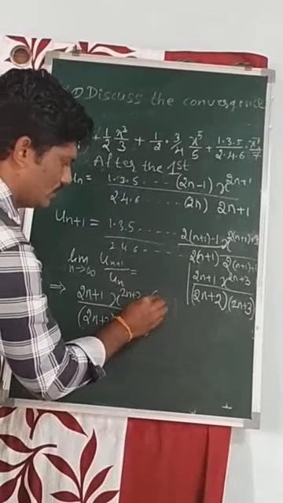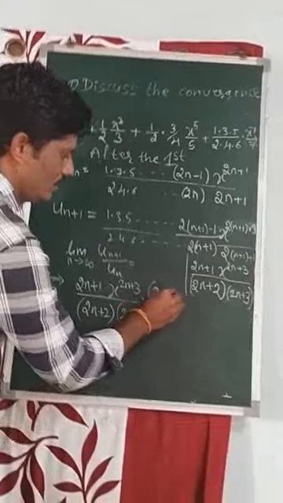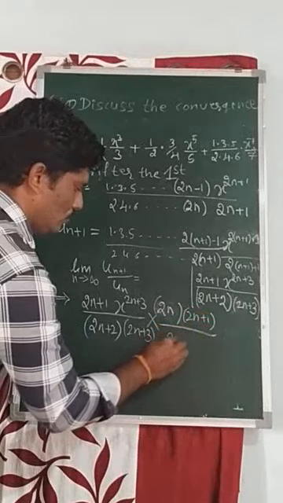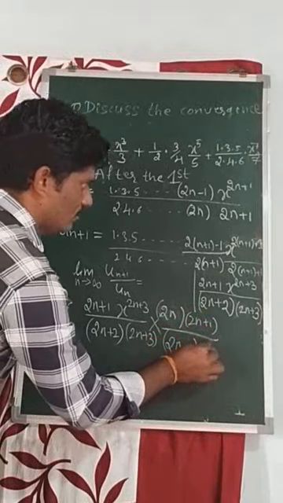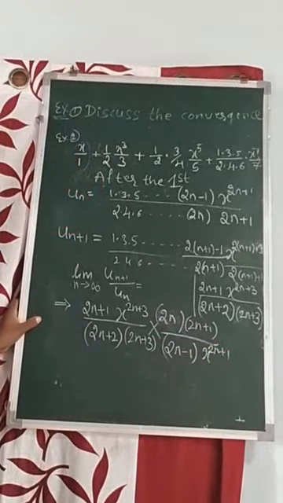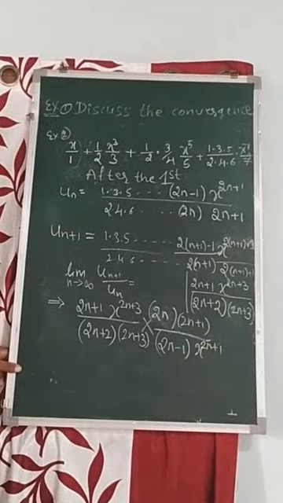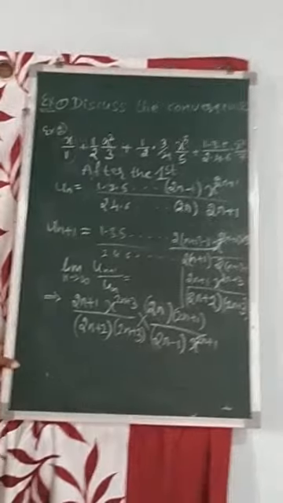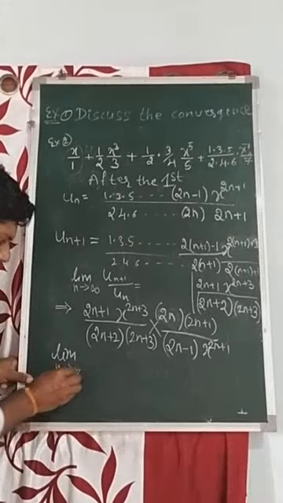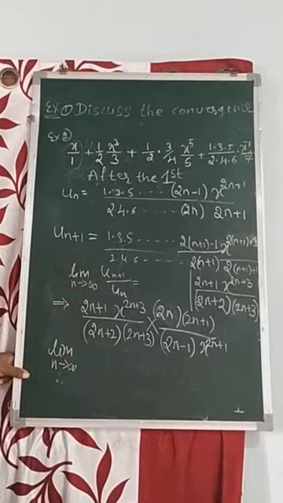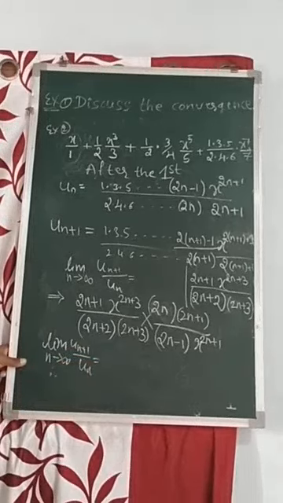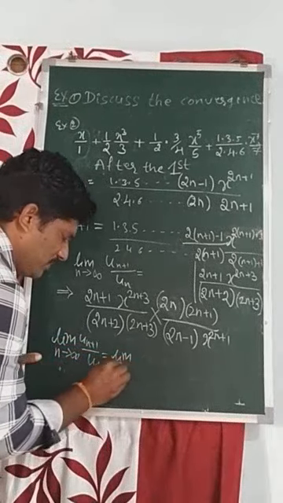Reversing this term, 2n is the upper side numerator: 2n plus 1 divided by 2n minus 1 into x raised to 2n plus 1. Next, applying the limit n tends to infinity un plus 1 divided by un.